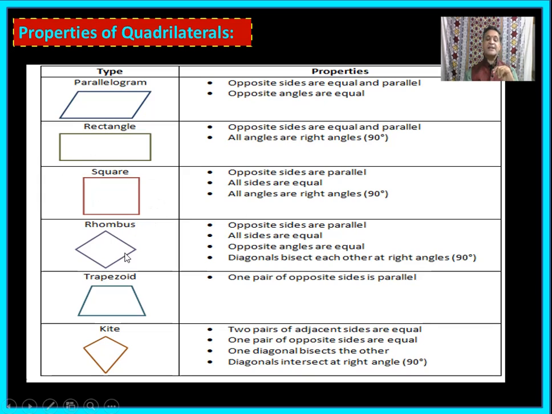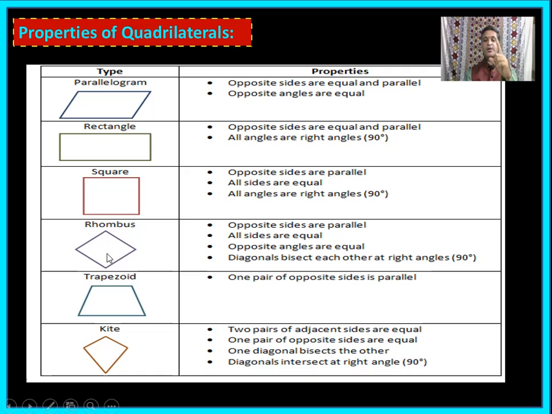Now go to the rhombus. Opposite sides are parallel, and all sides are equal: this side, this side, this side and this side. Four sides are equal. Opposite angles are equal: this angle and this angle are equal. Diagonals bisect each other at right angles.